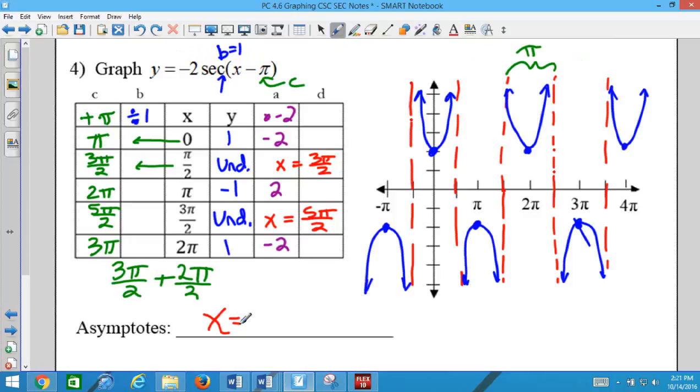And so our asymptotes, x equals, I'm going to start with 3 pi over 2. And I'm going to add on k pi, some number of pi's, where k is an integer.